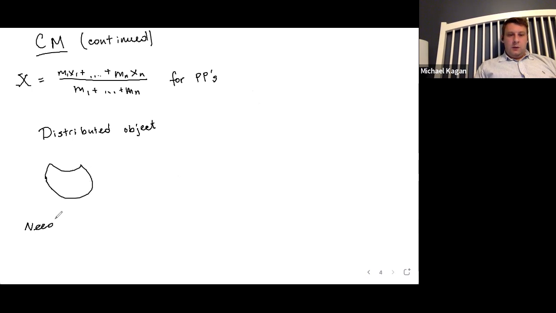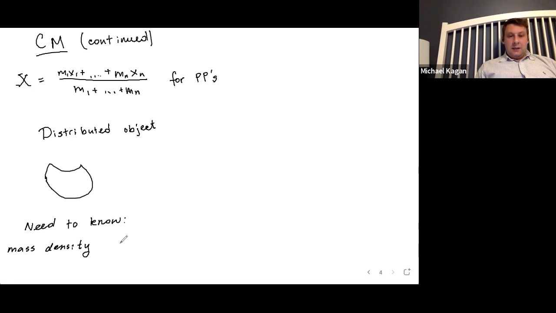We need to know the mass distribution. And that is described by a function, called mass density, or simply density. Once we switch to electricity, we'll also talk about charge density, and in that case we'll have to distinguish. But by default, if you say density, that means mass density.